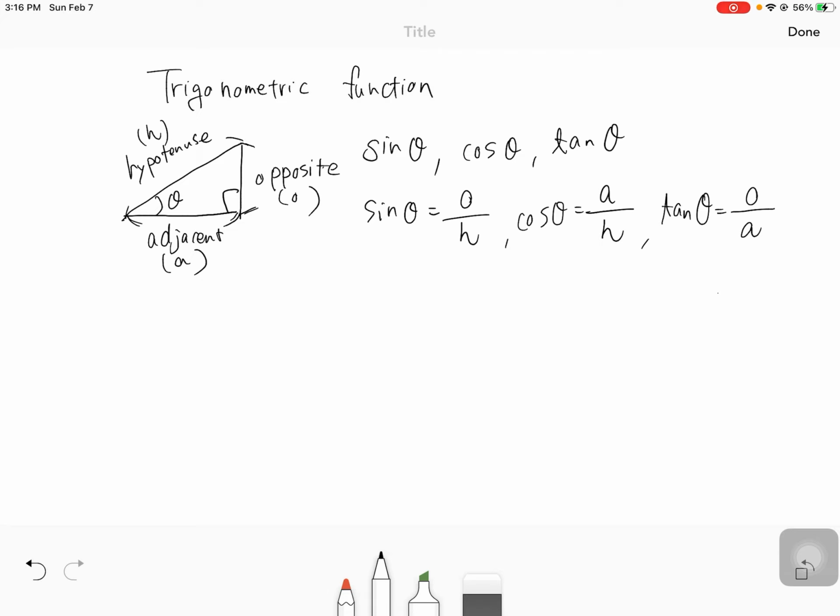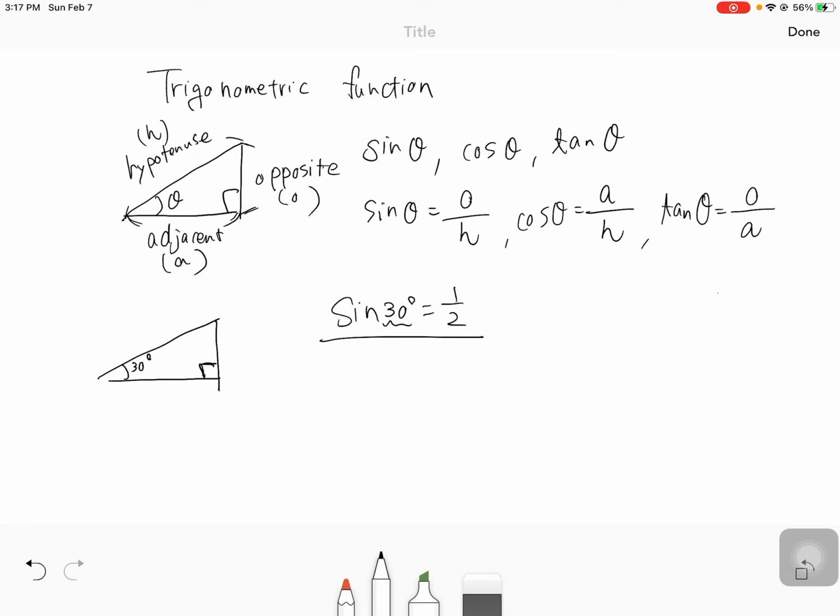That's it. But probably you still don't know why you need them. So let me explain. First, sine 30 degrees is equivalent to 1 over 2. What does it mean? This means 30 degrees is the angle here, and this one has to be a right angle, so 90 degrees.